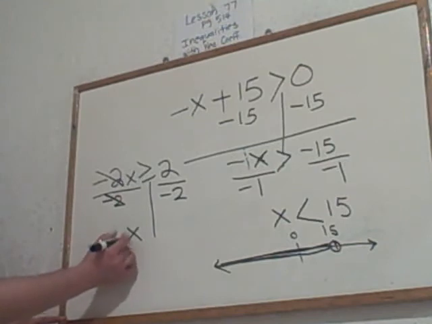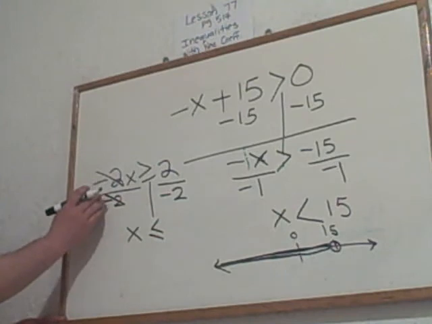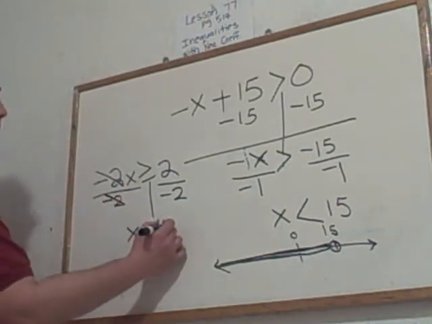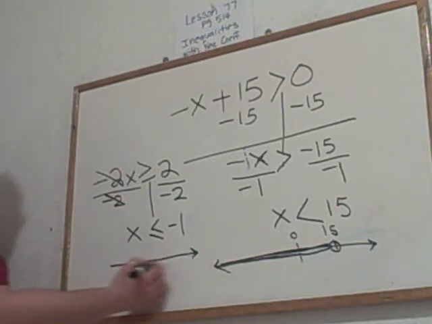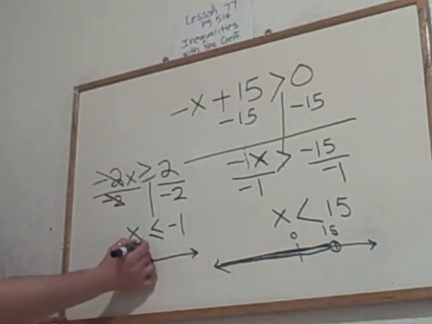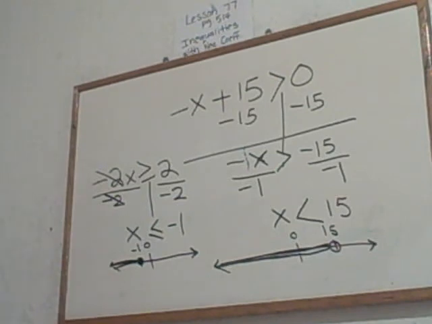My x is left by itself, and I would flip my inequality symbol because I divided by a negative number, to then get x is less than or equal to negative 1. Putting that on a number line, I start with 0. Negative 1 gets a closed circle, and x is less than or equal to negative 1. So I would shade all of the numbers in that direction.